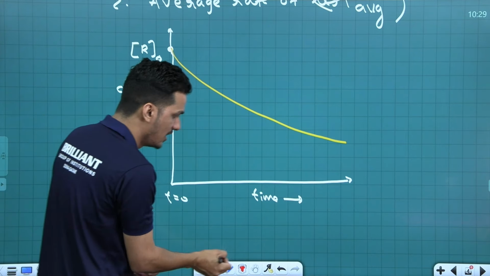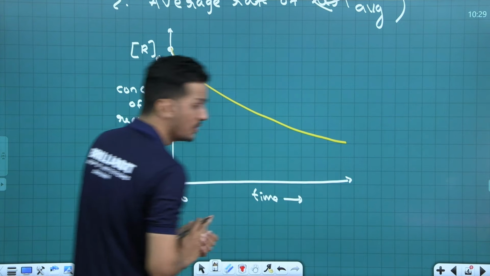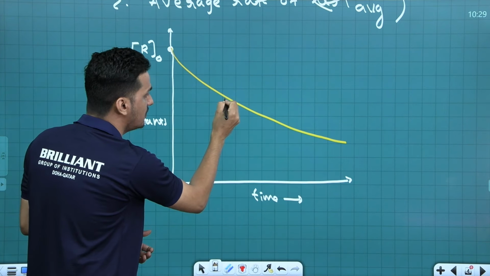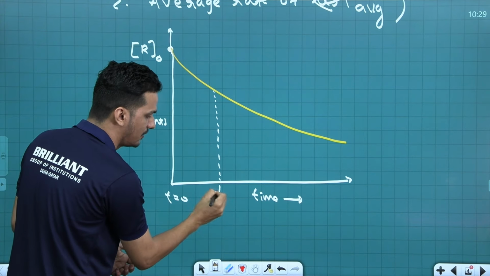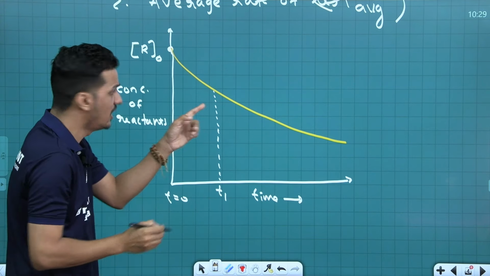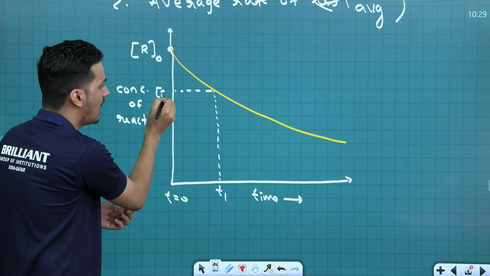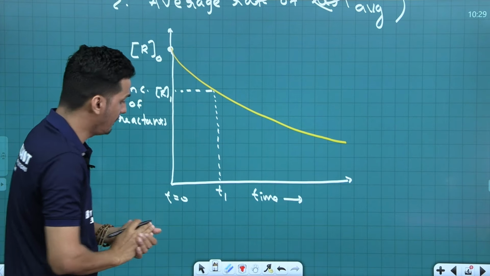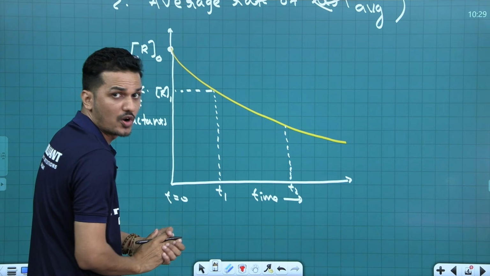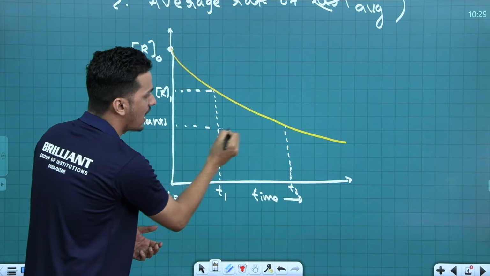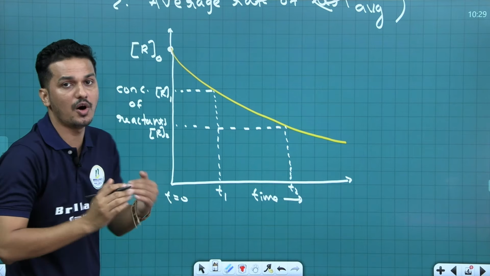How can I find out? You can see, at a time t1, the concentration of reactant I am taking is R1. Similarly, at a time t2, the concentration of reactant is R2.